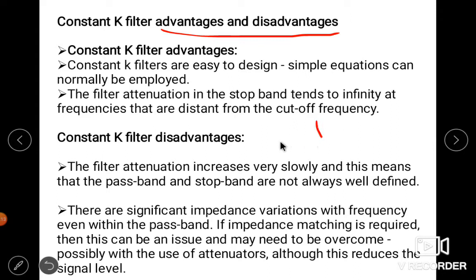See, I have earlier mentioned to you the FH and FC. These two frequencies are not well defined.